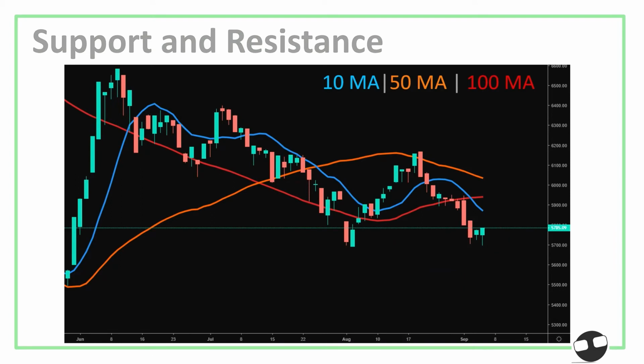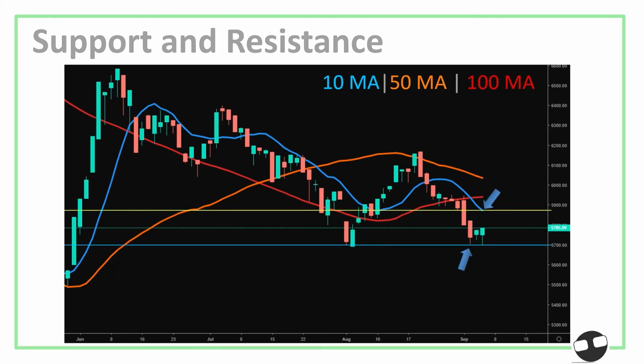Now we can also identify support and resistance using the moving averages. In this case, you can see that we can assume that this line here would serve as your resistance, and your support would be this line here. So any breach in the support or resistance can give you a signal whether the price will continue to go uptrend or will continue to go downtrend.